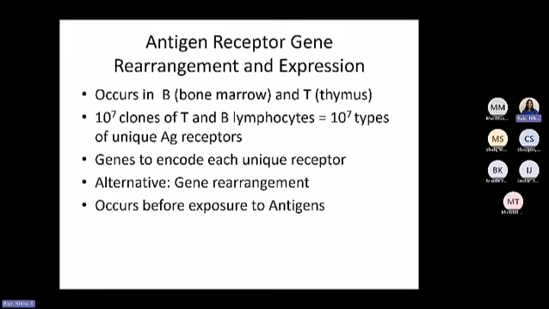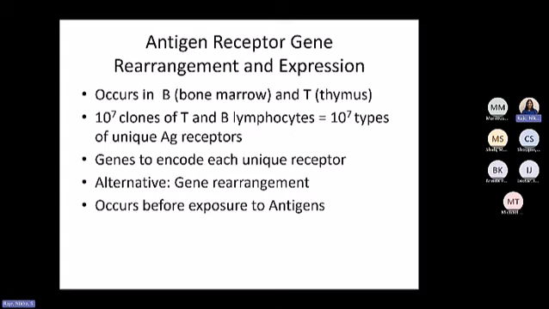So we talked about antigen receptor, right? And pre-antigen receptor. We know that for B and T cells, there can be gene rearrangement during their development. The final antigen receptor that's present on the surface of B or T cells is the result of gene rearrangement.